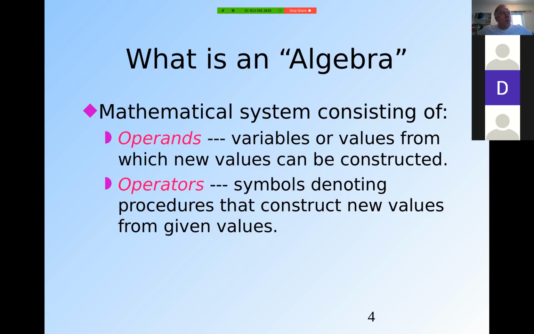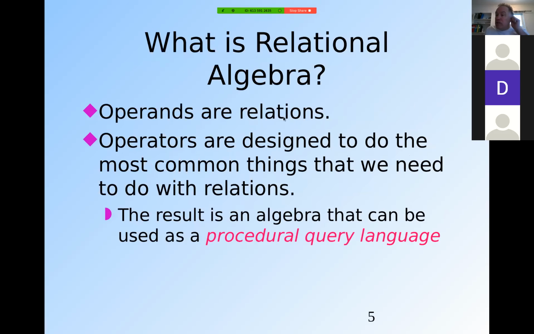What are the operands in the relational algebra? That should be no big surprise. The operands are relations. Everything's going over a set of relations. That's why it's called the relational algebra. So the operators take two relations and then yield another relation. That's what they do, and this will wind up being something procedural.